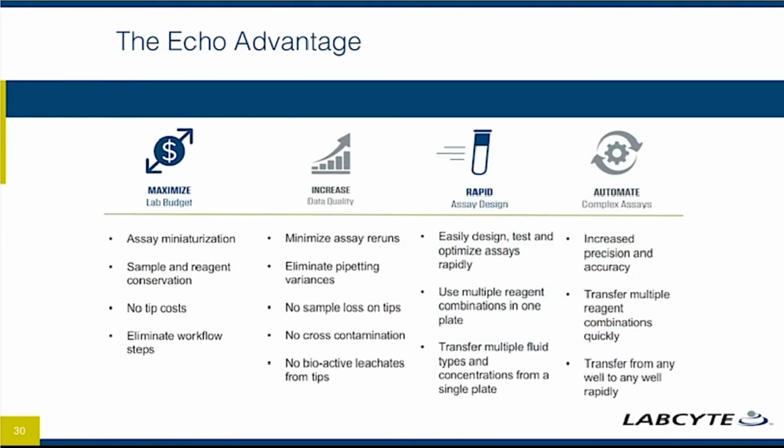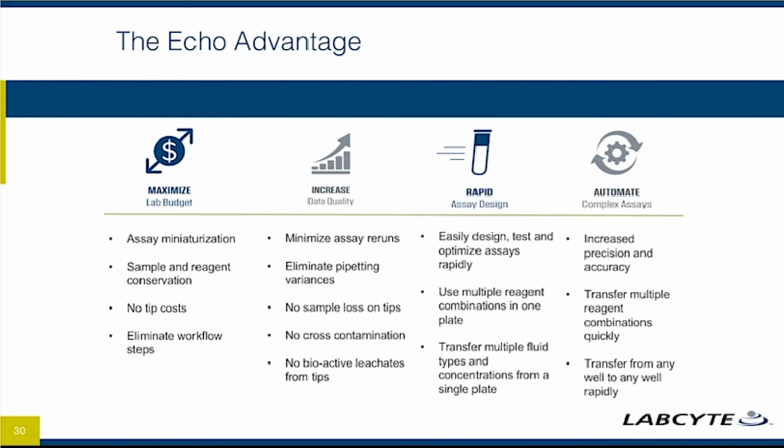So the advantages of the Echo liquid handler really fall into four major buckets here. The first one is maximizing that lab budget, and that's primarily through that miniaturization, but also the elimination of consumables such as tips. The second one is data quality, the ability of the instrument to very highly accurately transfer a predetermined volume and to do that very precisely is going to result in very consistent assay results time and time again.